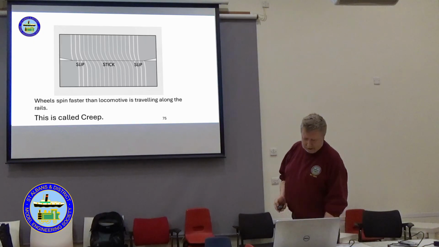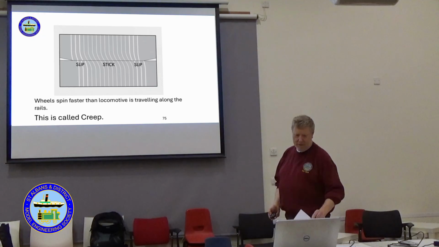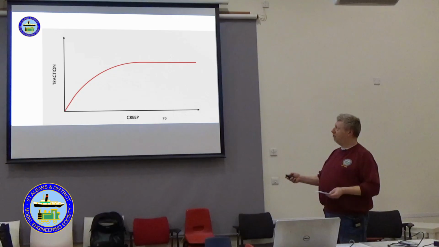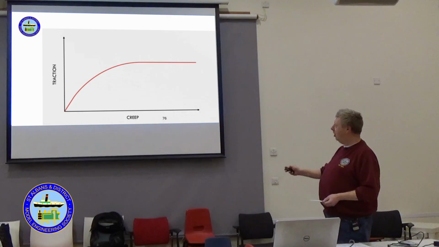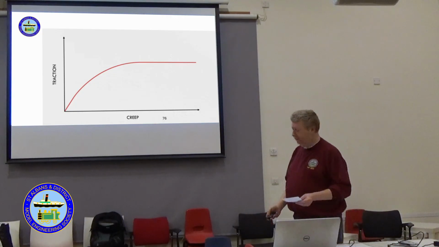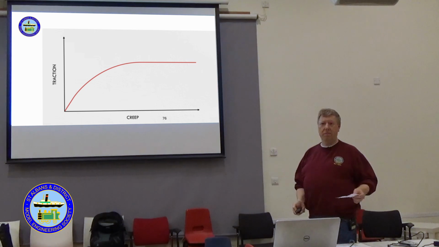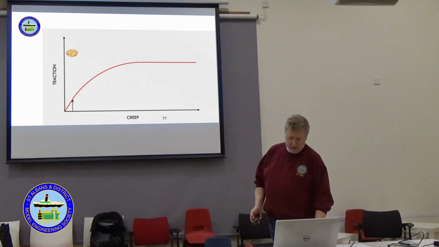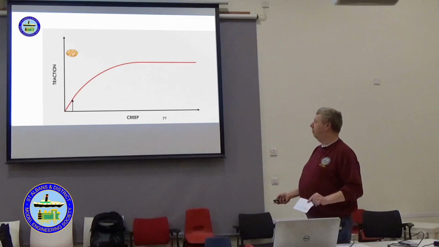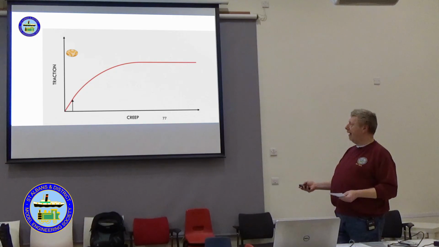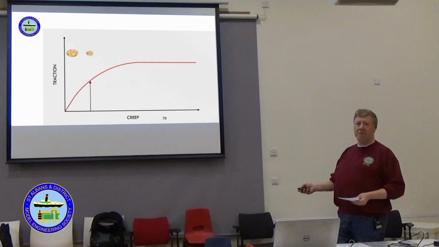Now we draw a graph. If we draw a graph of creep against the traction, you get this lovely curve. Obviously when you've got no traction, you've got no creep. As you go up through the amount of traction, you get more creep. The patch gets smaller, it creeps more.